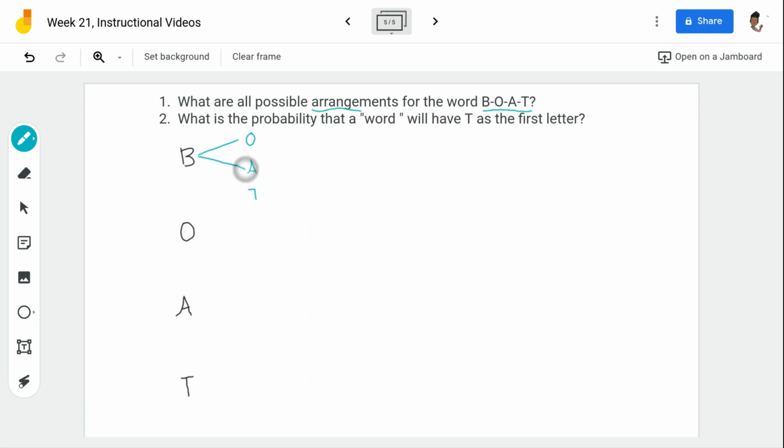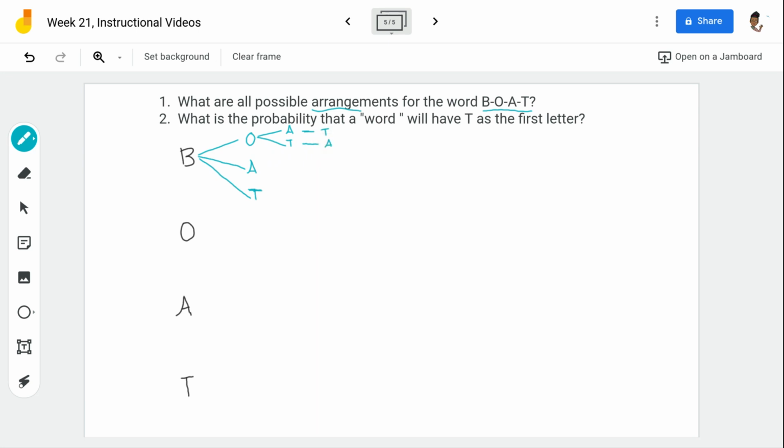Well, if I've used BO, then what's left? I have the letters A and T, correct? If I've used BOA, then what's left? A T. And if I've used BOT, then what's left? An A. Okay?